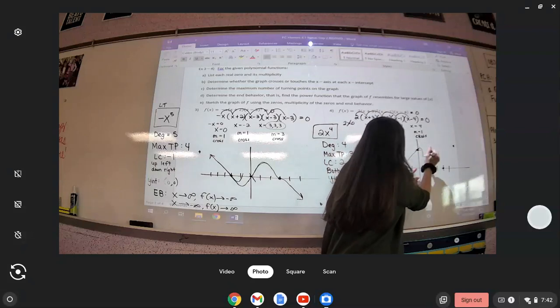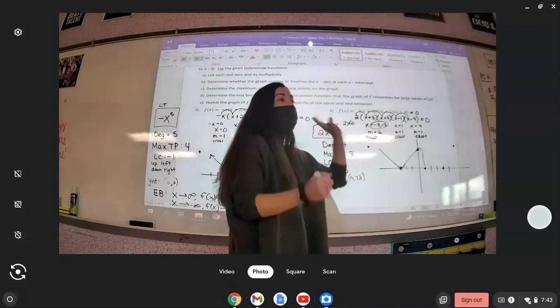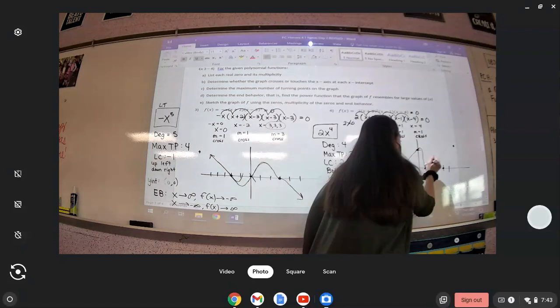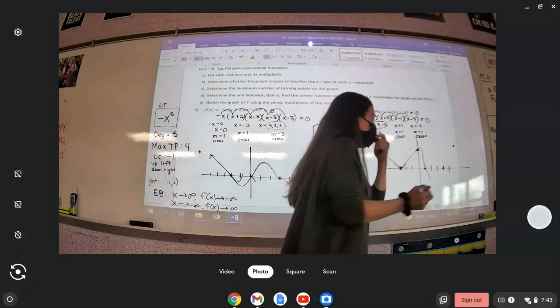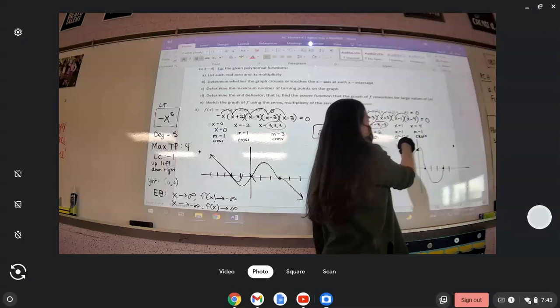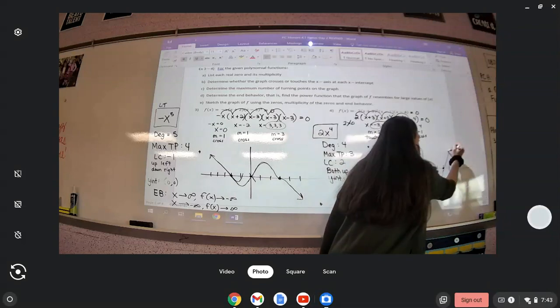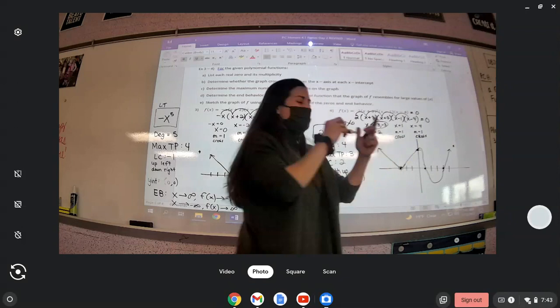Now, don't go past it, you have to stay here. Now when it gets there, it's a multiplicity 1, so what does the graph do? Cross. What's your graph going to have to do to get to your next x-intercept? It's going to have to turn. When it gets there, what's it going to do if it's got multiplicity 1? Cross. And there's no other x-intercepts to turn and head towards, so you stay up.